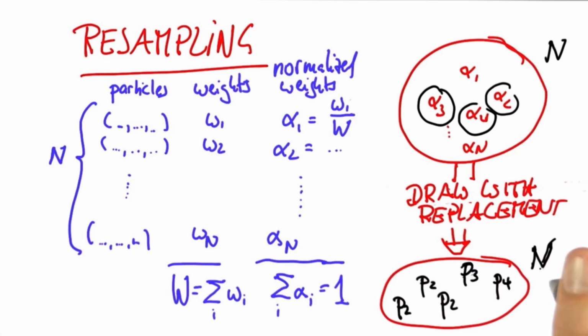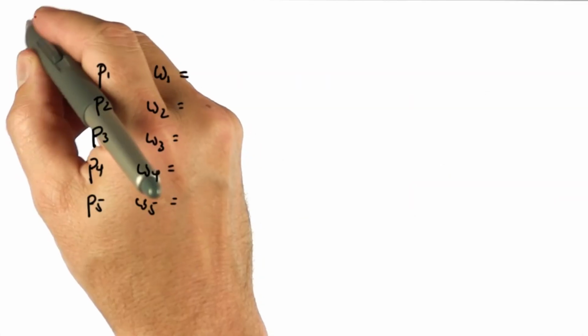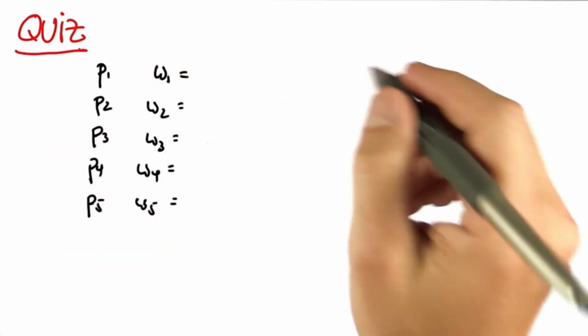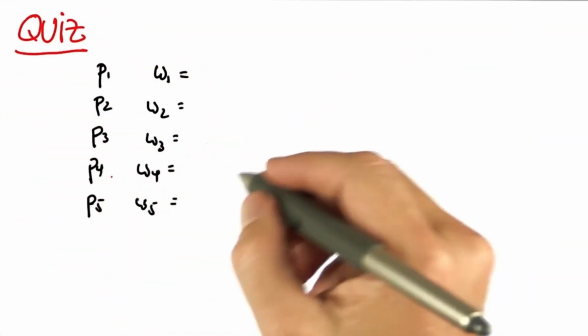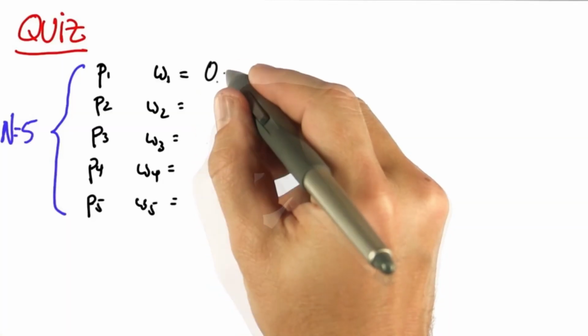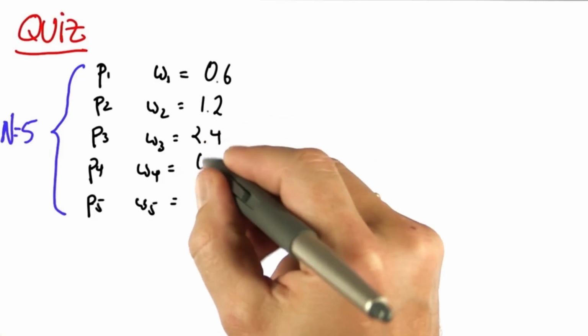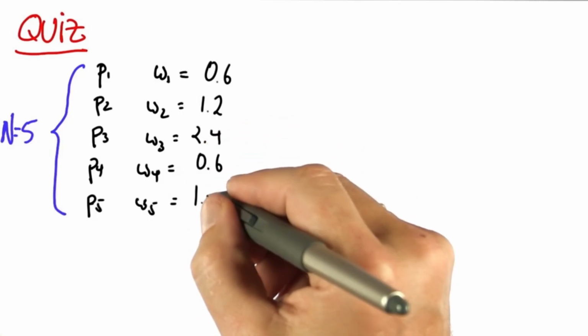That's called resampling. So to make sure you understand this, let me ask you a couple of quizzes. Suppose we have 5 particles with the following importance weights: 0.6, 1.2, 2.4, 0.6, and 1.2.